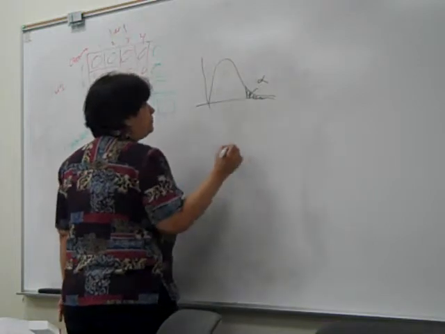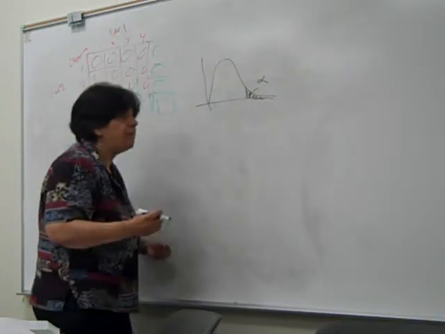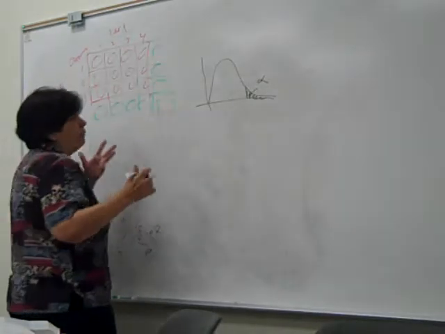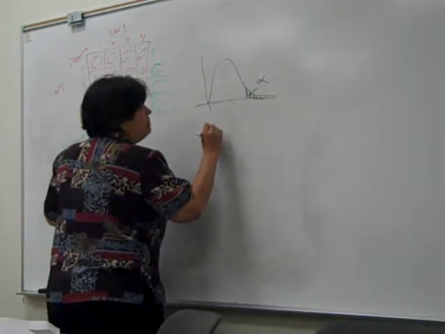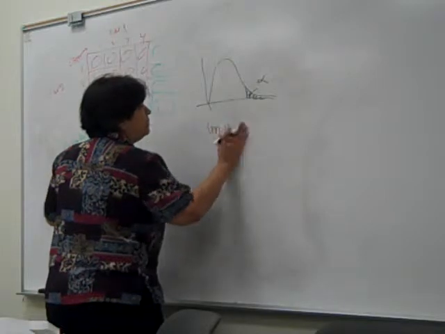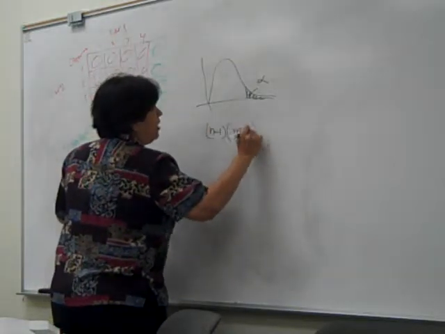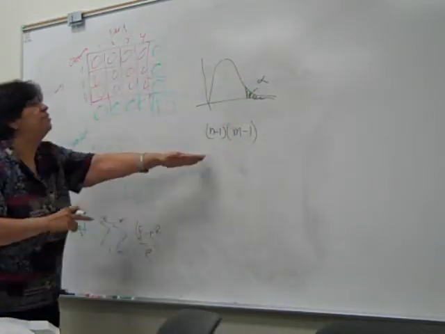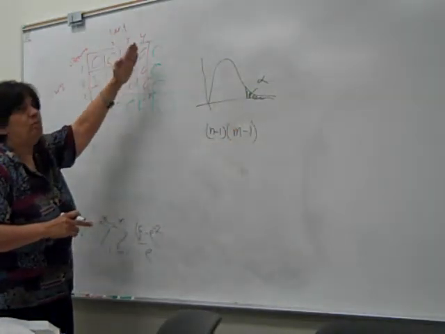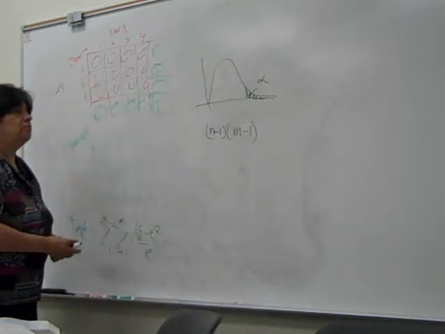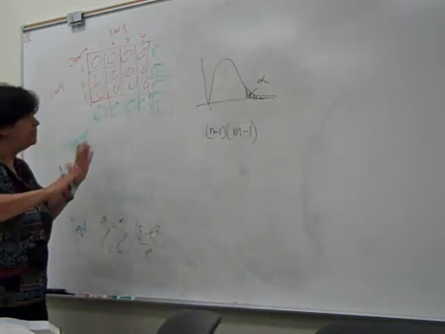This is alpha. With how many degrees of freedom? We need to calculate the degrees of freedom. It is m minus 1 times n minus 1, where n is the number of categories in variable 1, and m is the number of categories in variable 2. That's it.